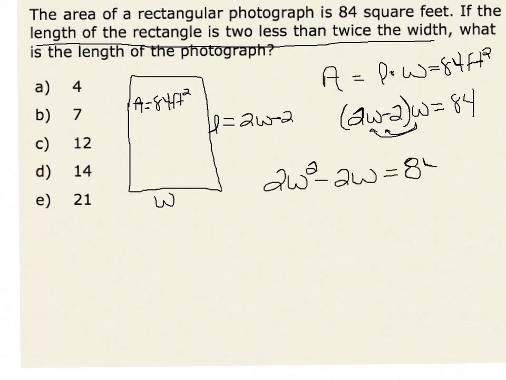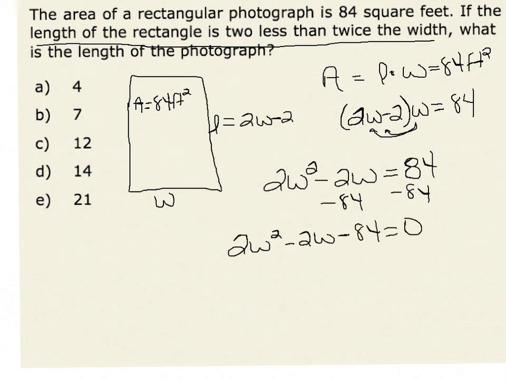Since I have a quadratic equation, one way that I can try to solve for it is to set it equal to 0 and then factor it. To set it equal to 0, I'm going to subtract 84 from both sides. This would give me 2W squared minus 2W minus 84 is equal to 0. In order to factor the left-hand side, I will recognize that I have a greatest common factor of 2.